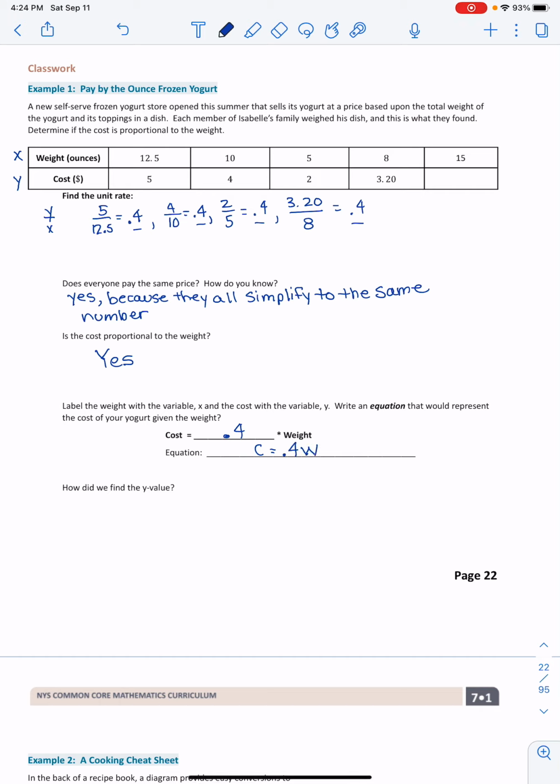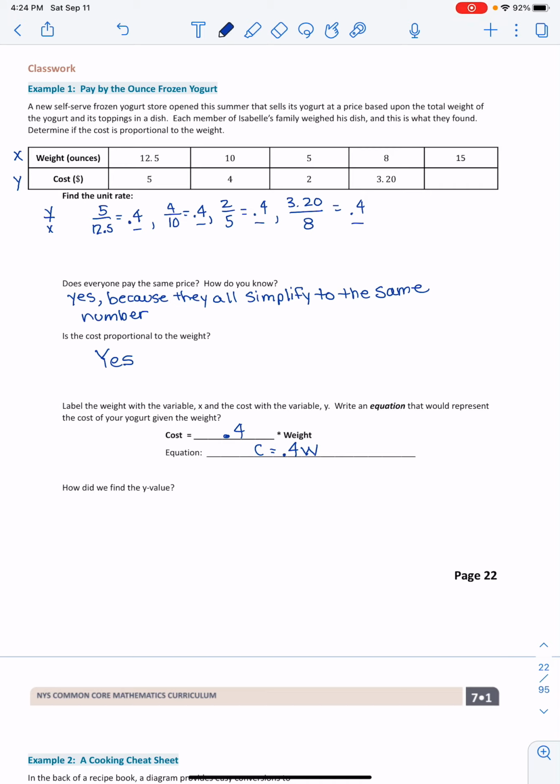The only difference that we did was change the letters. Instead of X and Y, we used C and W. That's all. If you prefer the X and Y, we can do that. It said, how did we find the Y value?